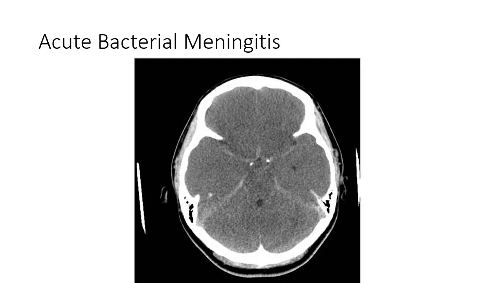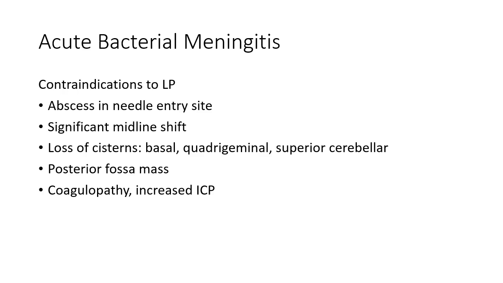So this would be a particularly severe case of bacterial meningitis, but it's important to consider the range of findings that can be seen on a CT scan in this condition. So when considering your lumbar puncture, there are a couple of contraindications that you need to evaluate for.